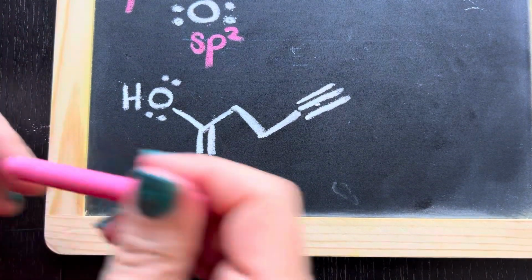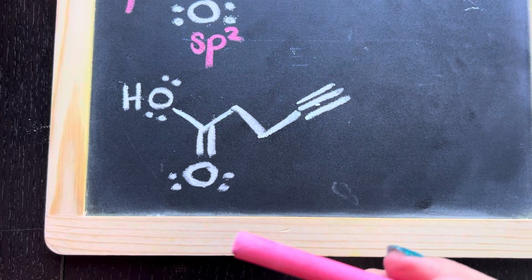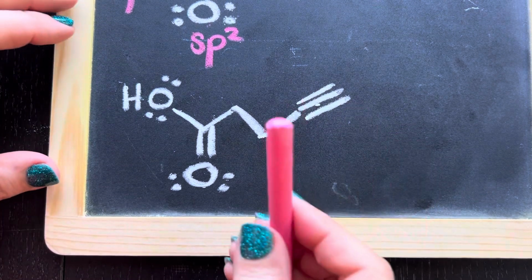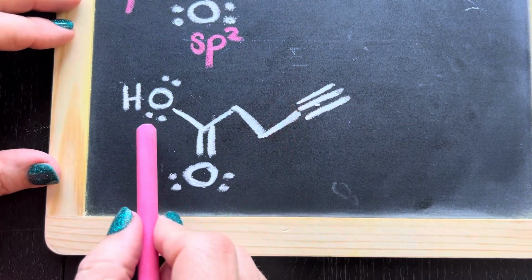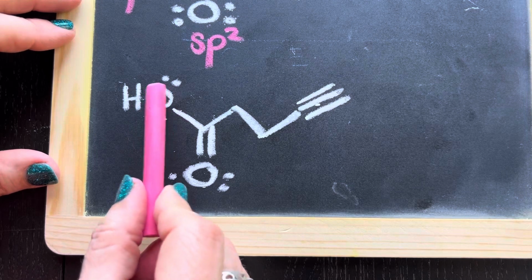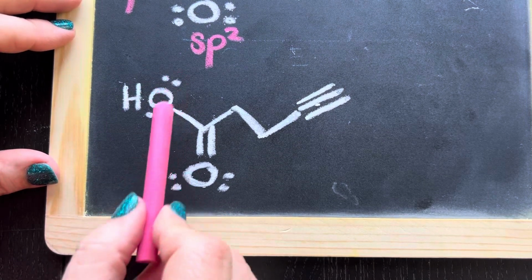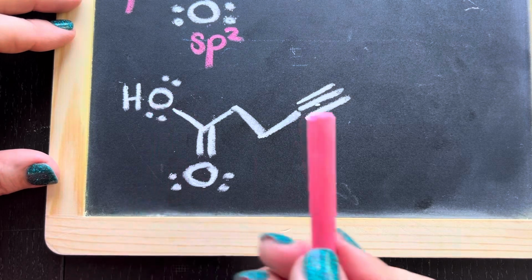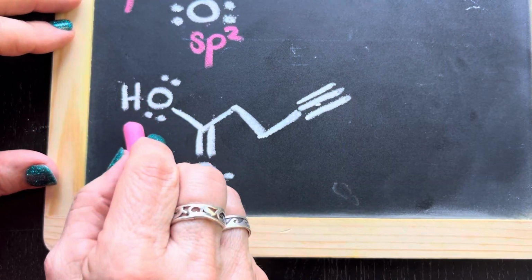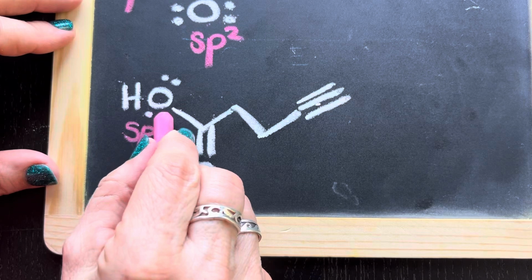Sometimes that can help identify what the hybridization would be. Okay, so here we've got oxygen, a single bond here, a single bond there, 2 lone pairs. So this would be sp3 hybridized.